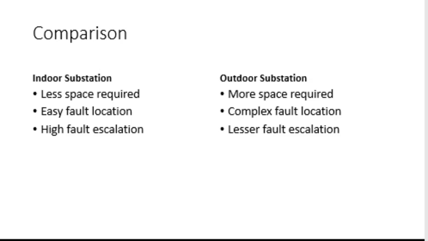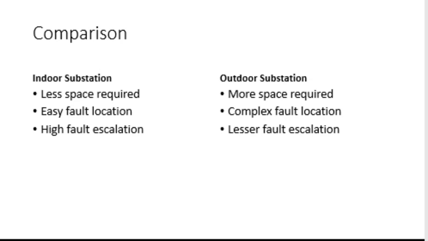the last slide we are coming to is nothing but the comparison between the indoor substation and outdoor substation. As you can easily see, an indoor substation will be comprised in a particular room, so it will require less space. An outdoor station will require more space, because as we already discussed, in the indoor substation the insulating medium will be SF6 gas.